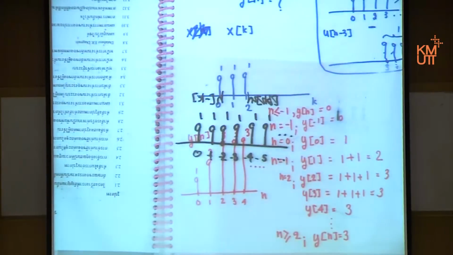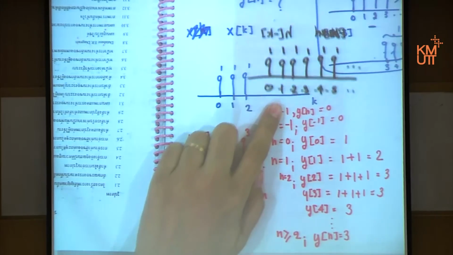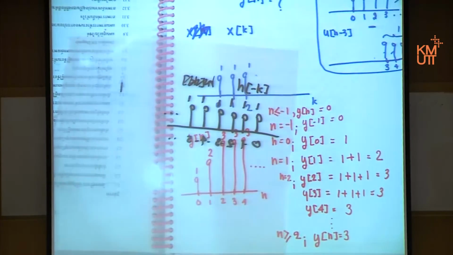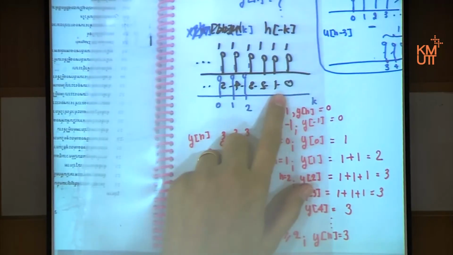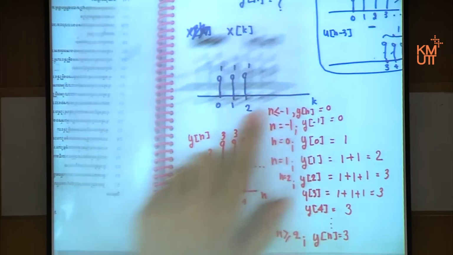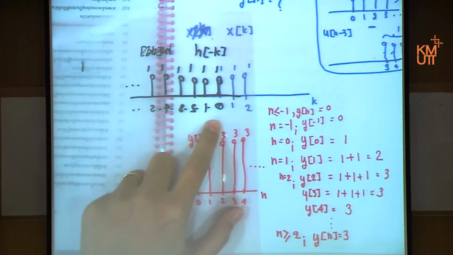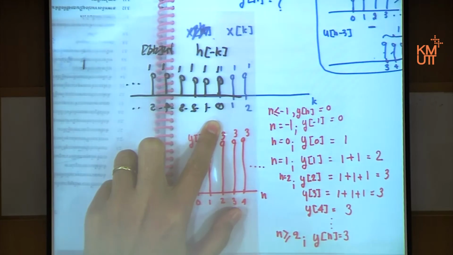Let's look again. First we have h[k] looking like this. The first step, we need to flip h[k] to h[-k], so we have the picture look like this. We put it at the initial position, and then we move left and right.